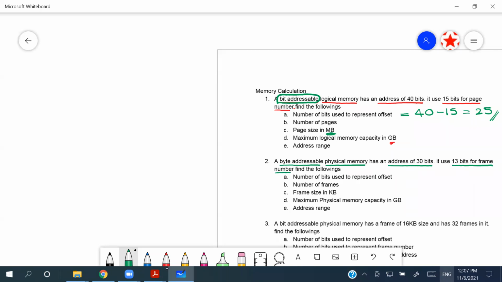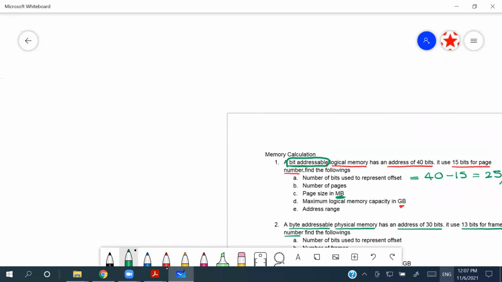Right, so let's do our sketch. We have a physical address with the frame number, which has 13 bits, and the entire address has 30 bits, right?